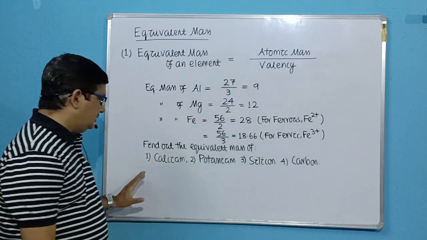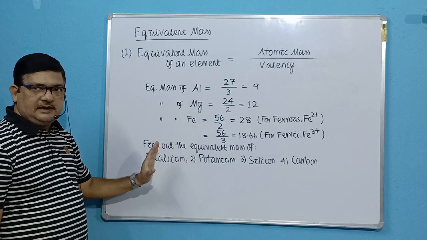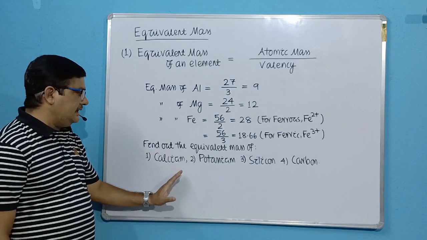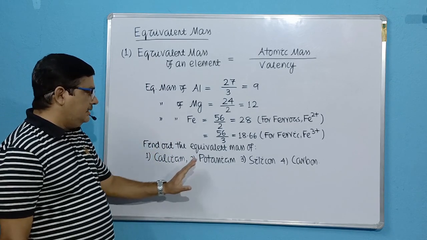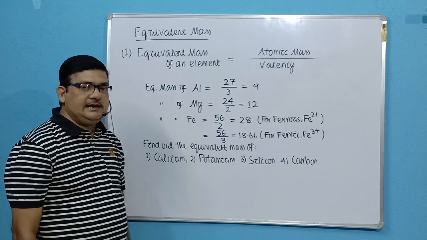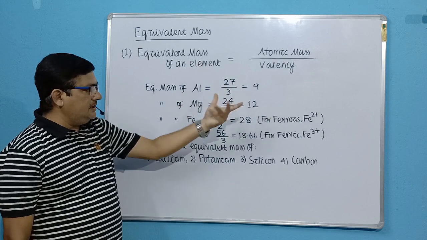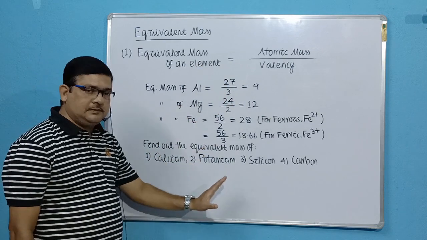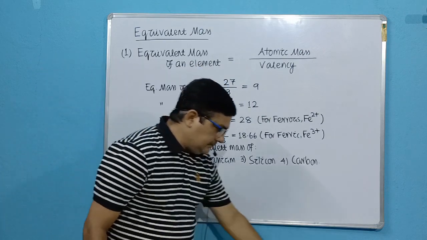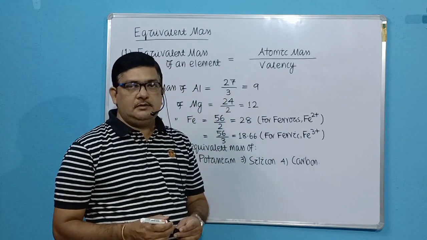So you try these 4, formula already given to you. You have to calculate the equivalent mass of calcium, potassium, silicon and carbon. Simple formula. What is the equivalent mass? The atomic mass by valency. You know the valency of these 4. So calculate the equivalent mass and send it to me.